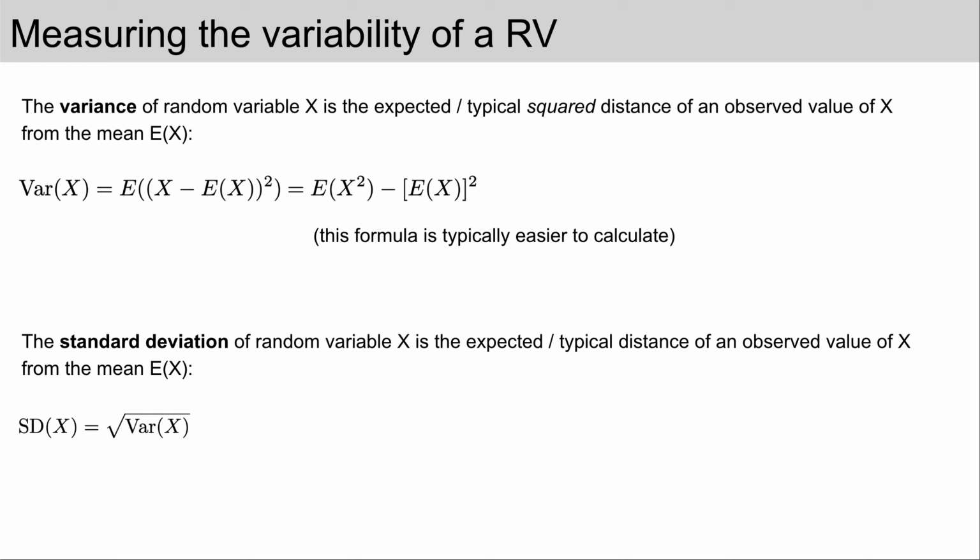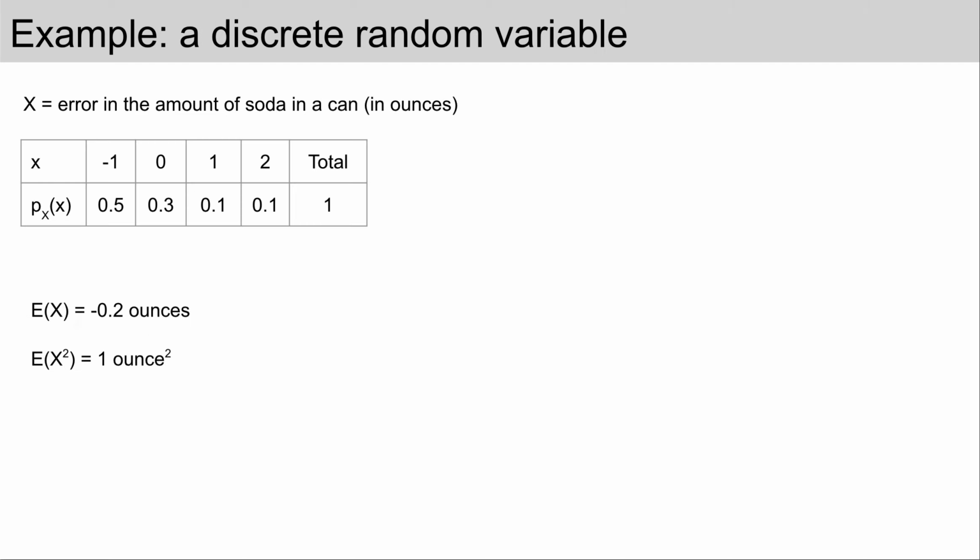Finally, as was true for measuring the variability in data, we'll often report the standard deviation of a random variable. This puts the measurement on the original units of our variable, measuring the expected distance, not squared distance, between the observed outcome and the mean. Finally, let's apply this result to our example of the soda machine. Recall that x measures the error in the amount of soda poured into a can in ounces. In the previous video, we showed that the expected error is negative 0.2 ounces, and the expected squared error is 1 ounce squared.